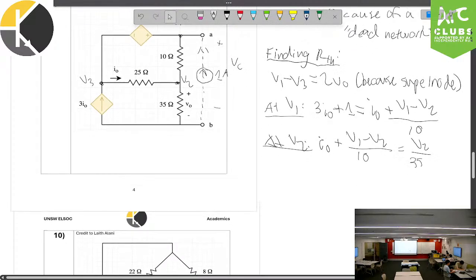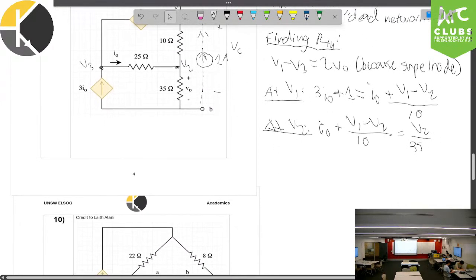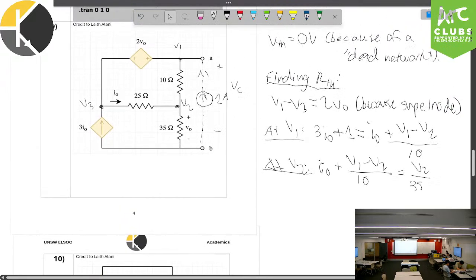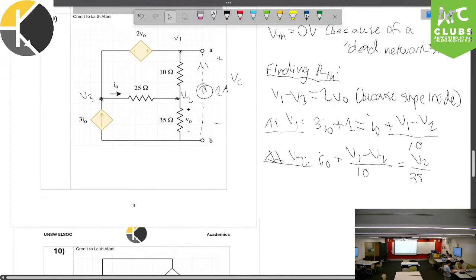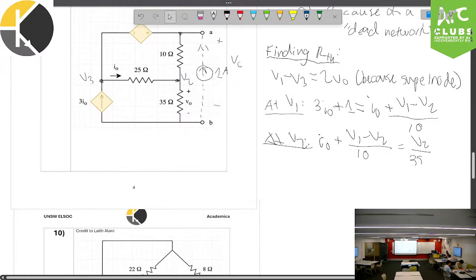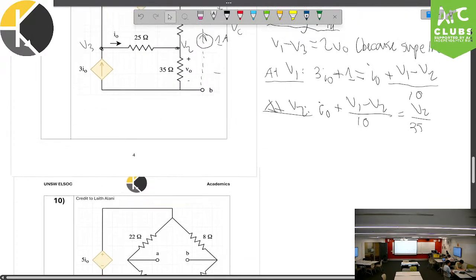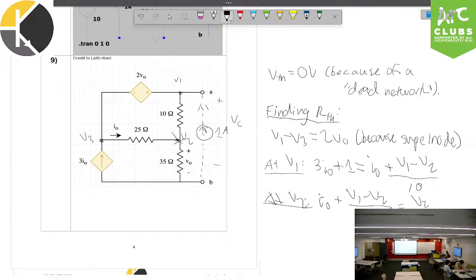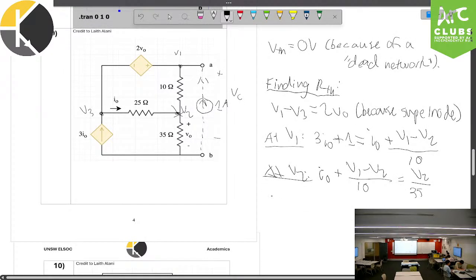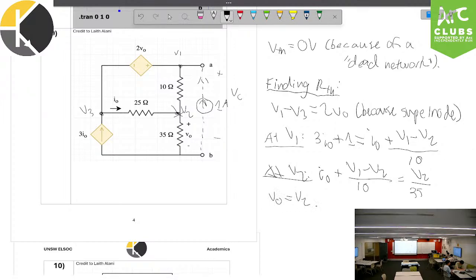Now, given these equations, we can also derive from the circuit what VO and IO are in terms of V1, V2 and V3. What we can see is that VO, which is right here, is exactly the same as V2. So VO is equal to V2.